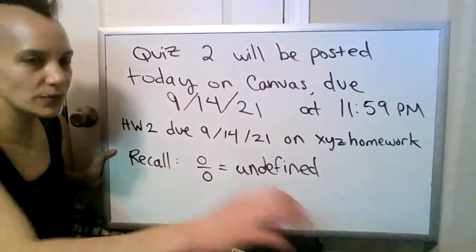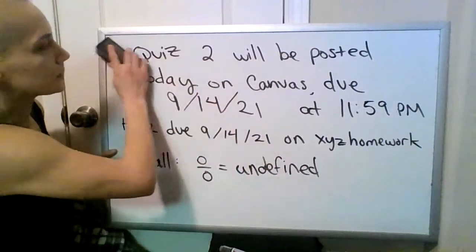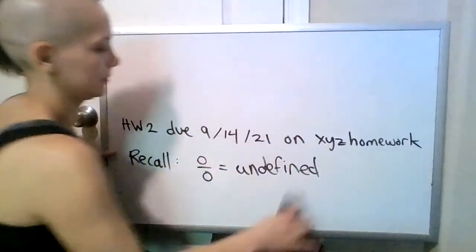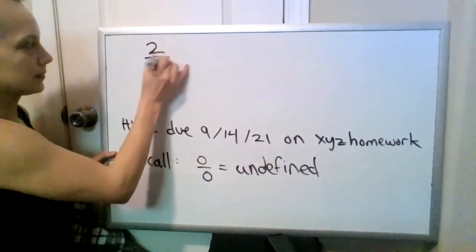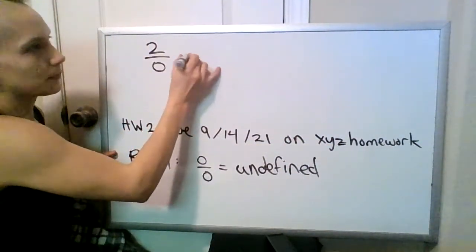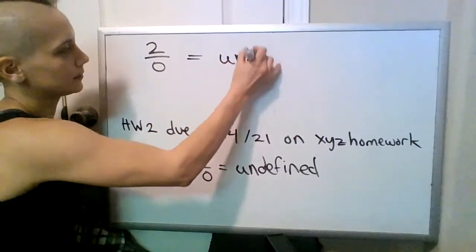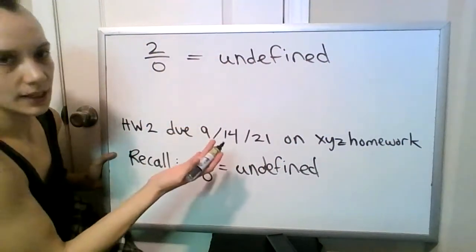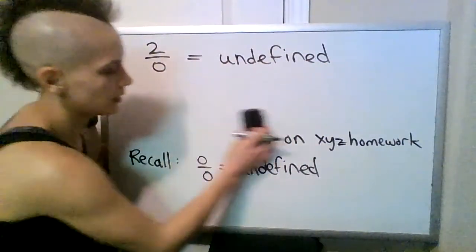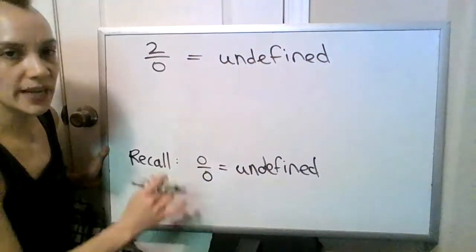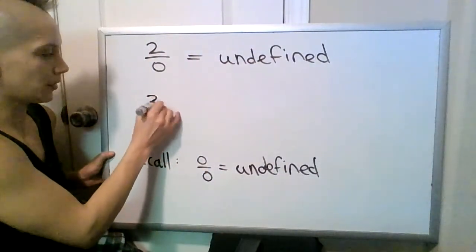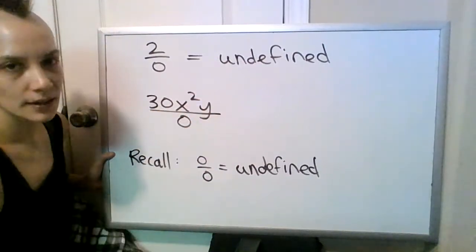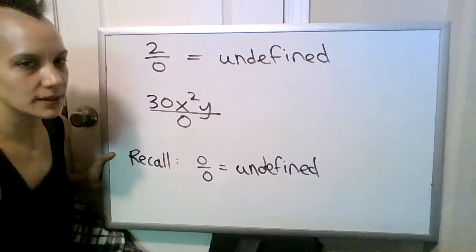So 2 over 0 is undefined. Keep going, like for any numbers x and y, let's have 30x squared y divided by 0. It would be undefined.